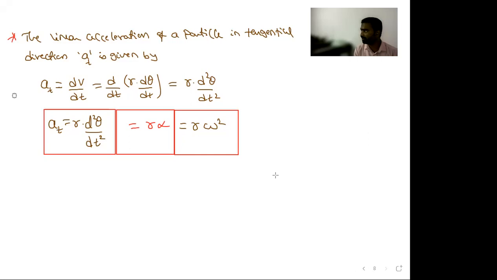How did the square come? Now look, d theta by dt, what is it? Omega. Here there is d square theta, R as it is I have written. So d theta by dt becomes omega square. No, now d square theta by dt.